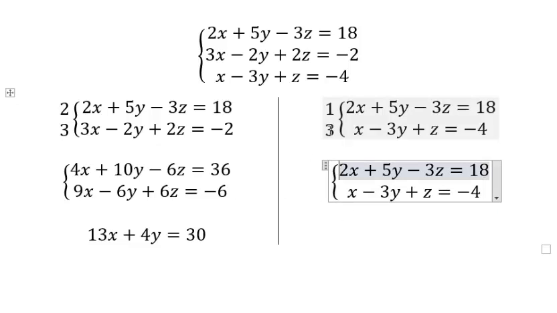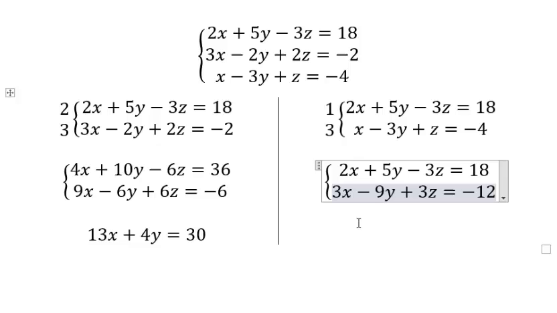Multiplying 1 times each one of them is gonna give me the same number, so I don't need to multiply with 1 because it's still the same. Then 3 times x, that will give me 3x. 3 times 3, that will give me 9. 3 times z is gonna give me 3z, and 3 times minus 4, that's gonna give me negative 12.